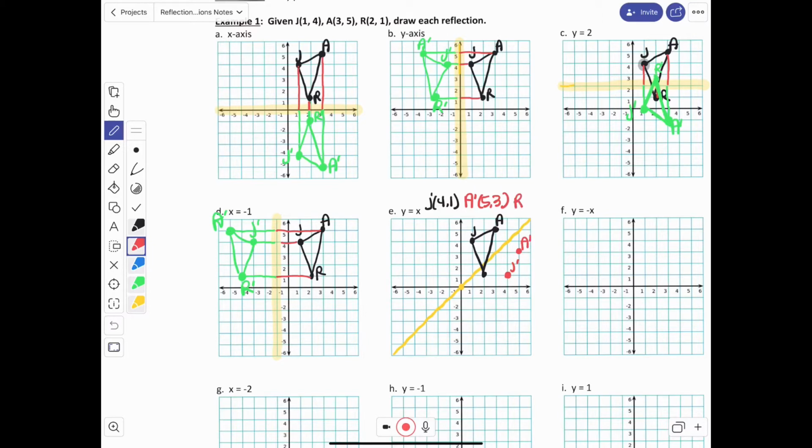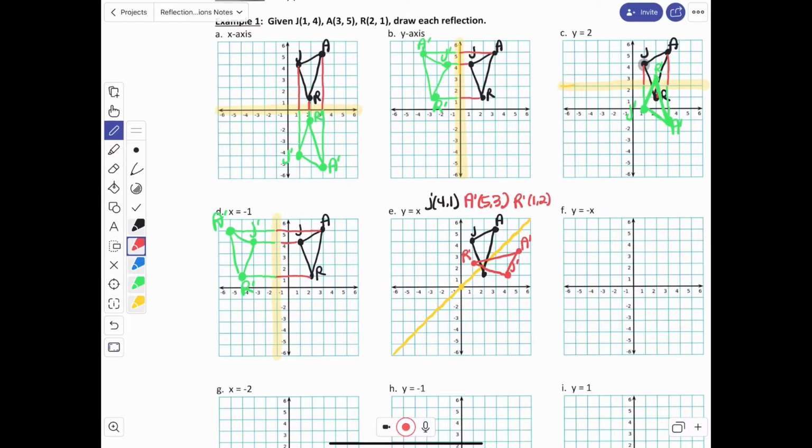And my new R is going to be 1, 2. Just imagine if we were to fold on that yellow line, it would reflect onto itself. But the easiest way to do it, instead of trying to draw this out, is to flip-flop your numbers by hand and then draw it.